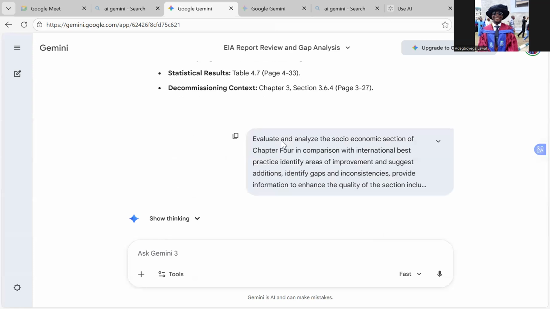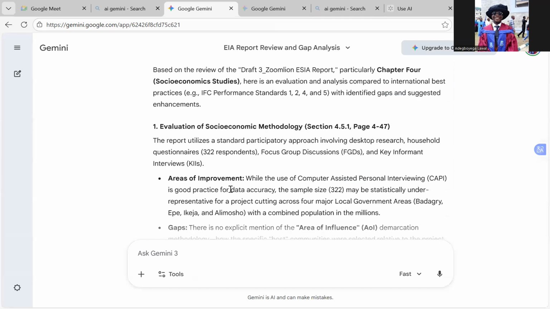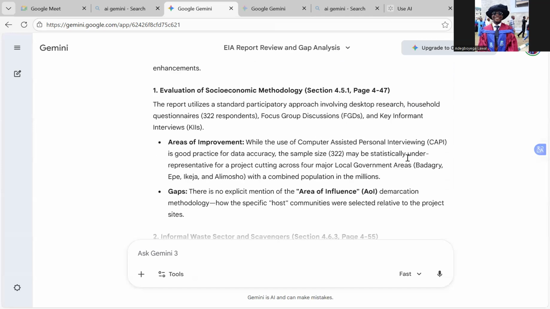Now, the last part of chapter 4 is economics. Evaluate and analyze the economic section of the report also. Now the economic part gives you areas for improvement. It said computer assisted personal interviewing is good practice for data accuracy. The sample size of 322 may be statistically underrepresentative for a project cutting across 4 major local government areas with a combined population in millions.